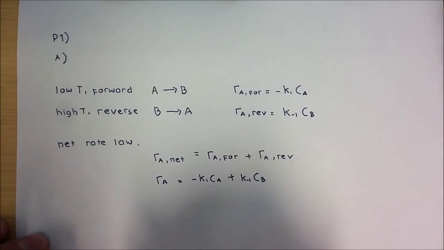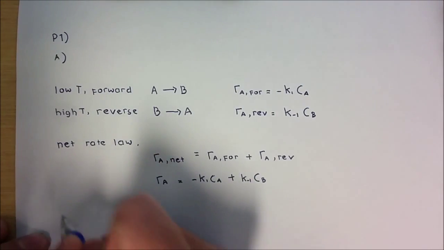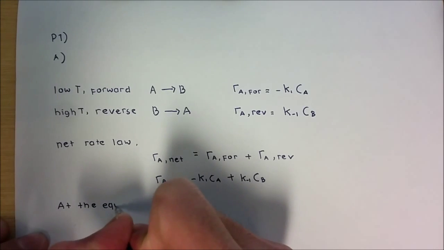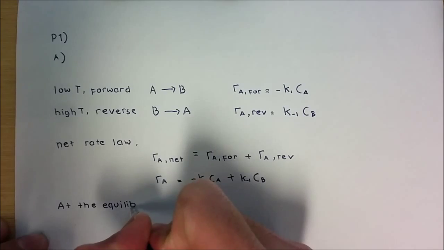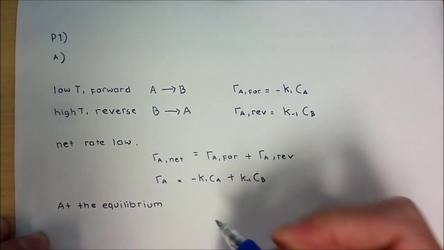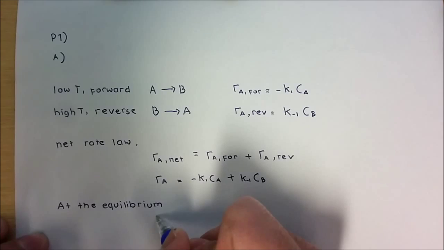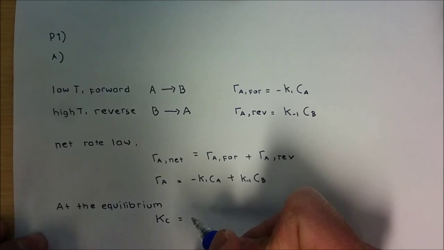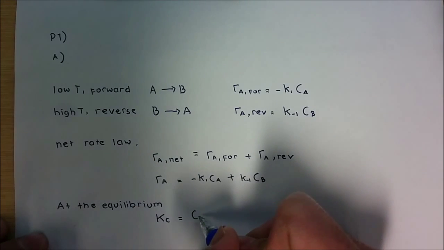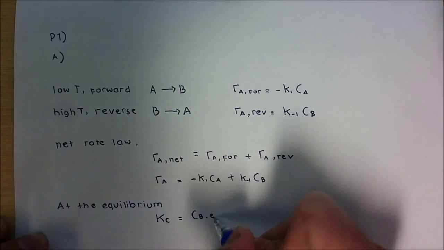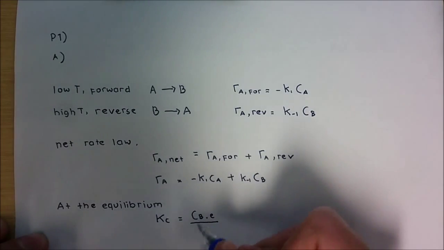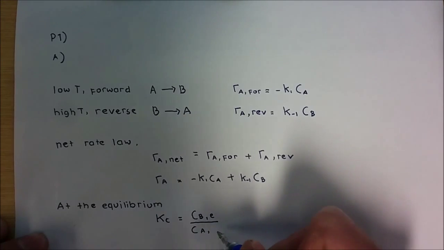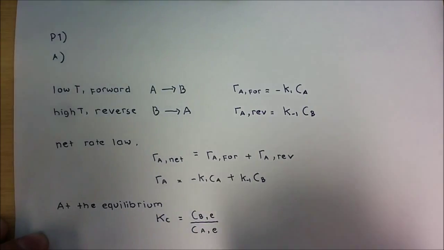And then of course at the equilibrium, thermodynamically, we will have the equilibrium constant will be the concentration of product at the equilibrium divided by the concentration of reactant at equilibrium.